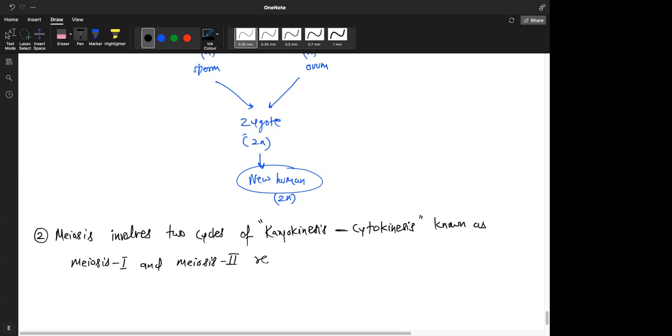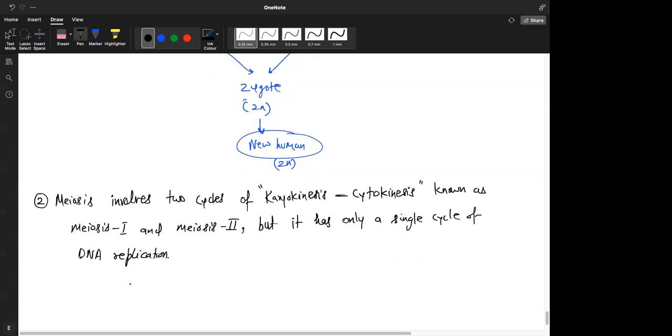But it has only a single cycle of DNA replication.